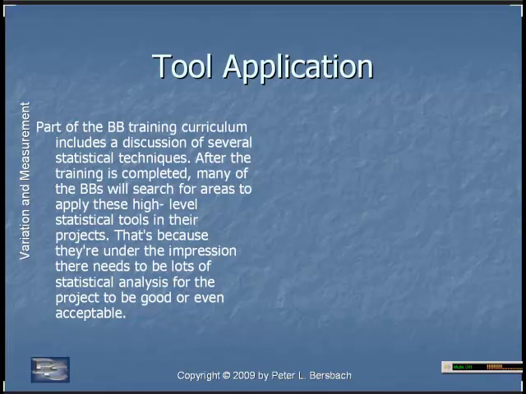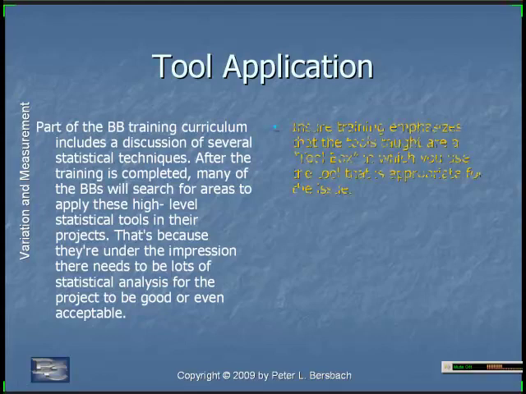Anybody have some inputs on that? You can put them in the chat room that we have. And what I'll do right now is give you some inputs as you're thinking about that. One is to ensure training emphasizes that the tools that are taught are part of a toolbox in which you use the tools that are appropriate for the issue.